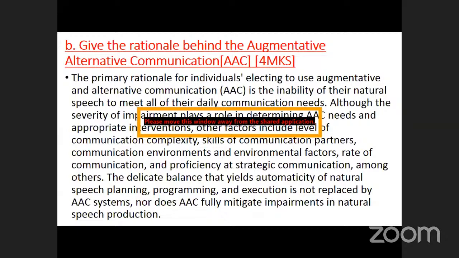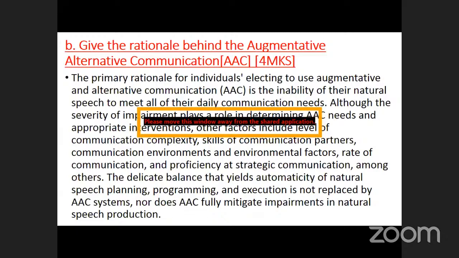Again, the rate of communication and proficiency at strategic communication, among others, and the delicate balance that yields automaticity of the natural speech planning, programming, and execution. It is not replaced by AAC systems, but this AAC system is only there to mitigate the impairments in natural speech production.